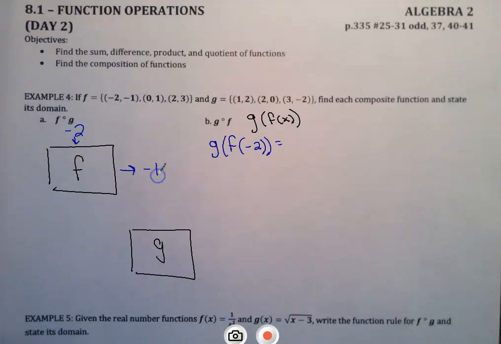I get -1. Okay, so now I want to put -1 into my g machine. And what do I get out? Nothing, so it's undefined. Not a 0. Never. It's undefined because I don't have a -1 to put in my g machine. So we just say undefined.